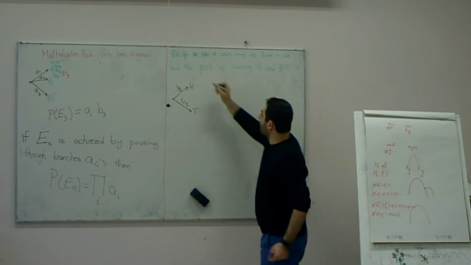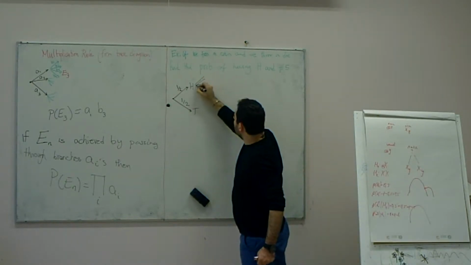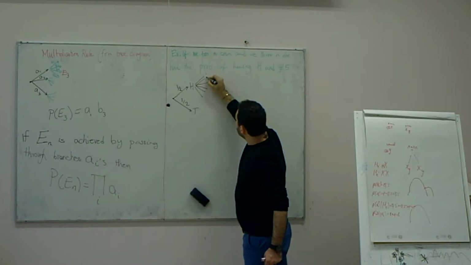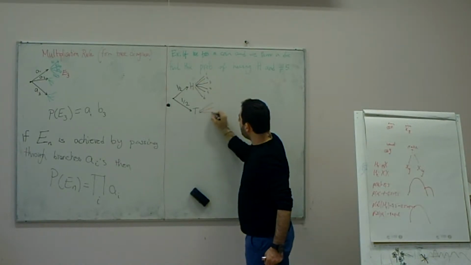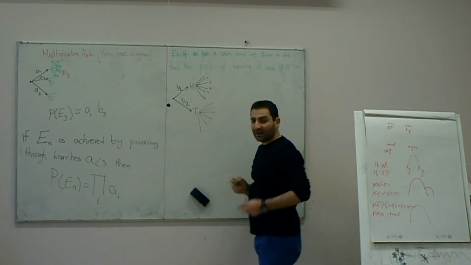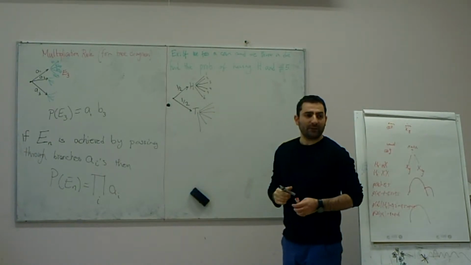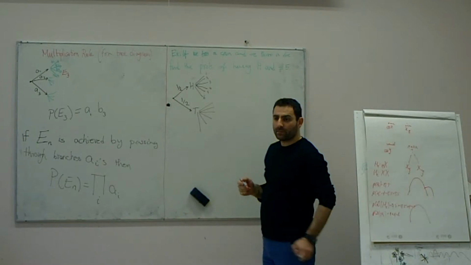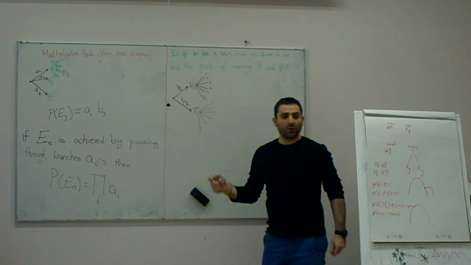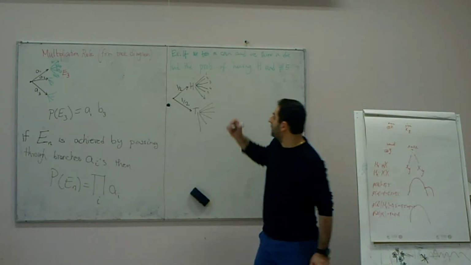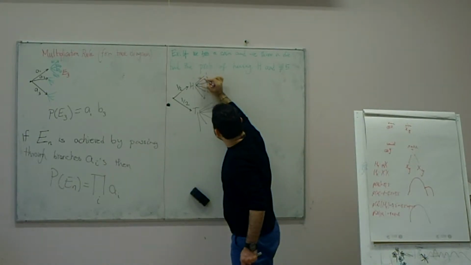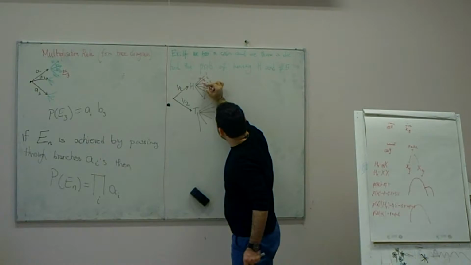So it means that I have 6 values, 1, 2, 3, 4, 5, 6. Similarly, I have 6 values here. What is the probability of each of them? 1 over 6. So each of them is 1 over 6.